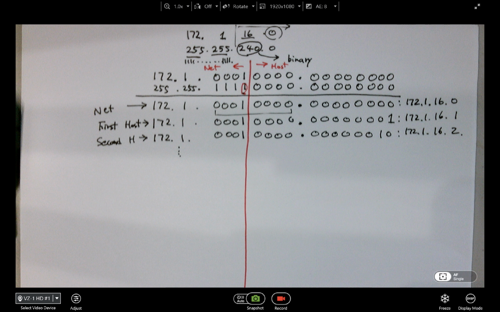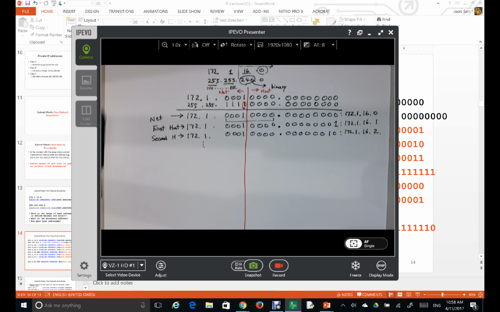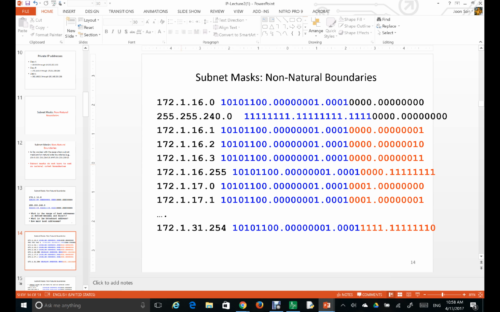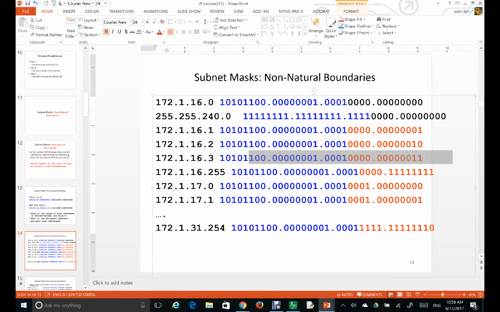And then maybe somewhere, as the lecture slide shows you, somewhere in the middle, you can just write this IP address, but somewhere in the middle you have this number.